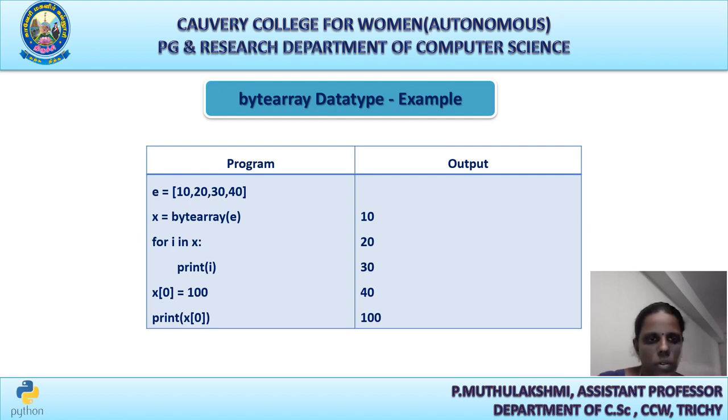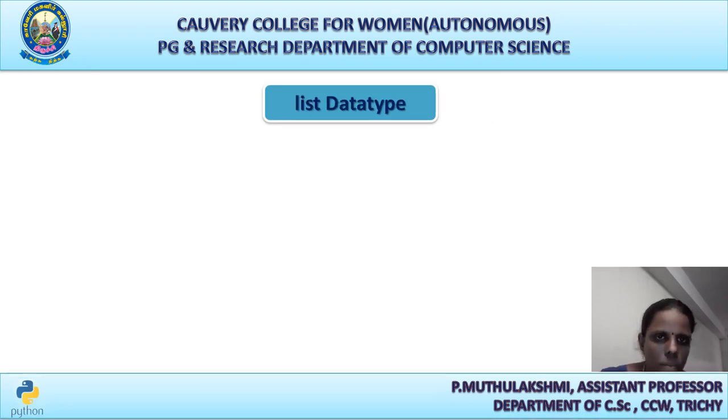The same concept is explained here in bytearray format. The bytearray function is used to create bytearray elements. See the last step: x[0] is re-initialized as 100. Now print(x[0]) prints the value 100 instead of 10. So bytearray data types are modifiable.